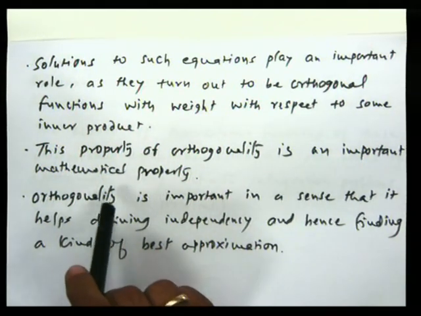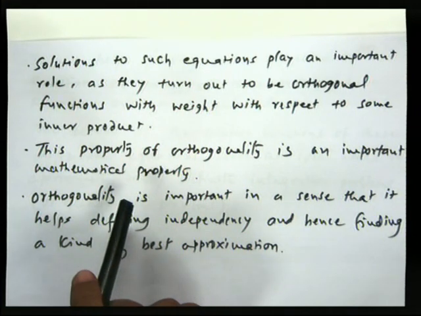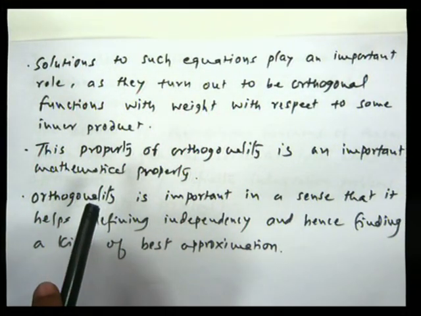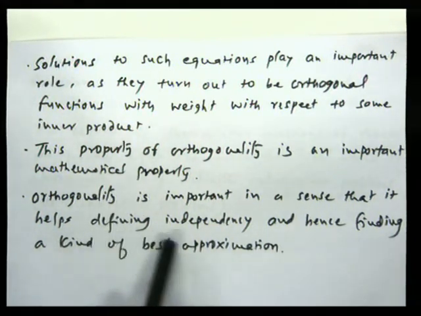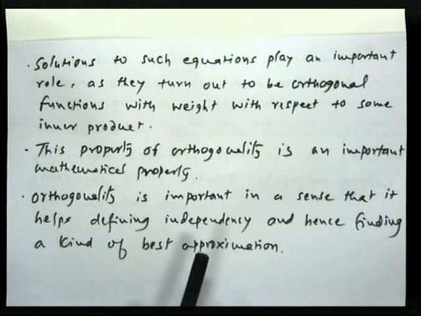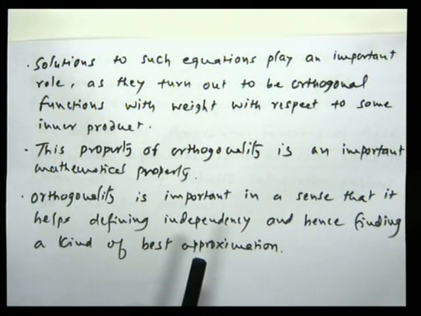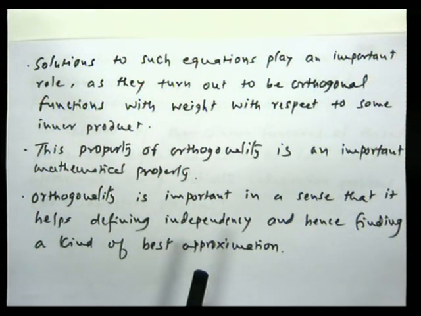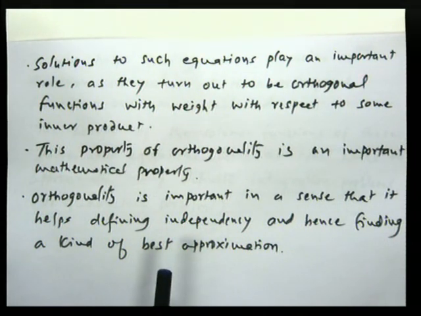This property of orthogonality is an important mathematical property. We know what is the importance of the orthogonality property, right? The orthogonality property helps us define independency. As we know, when you are dealing with forces, when two forces are applied and the directions are perpendicular, they have no impact on each other. So, from that we get some kind of independency.